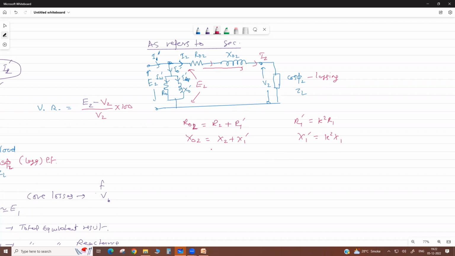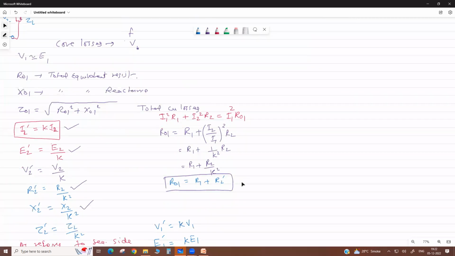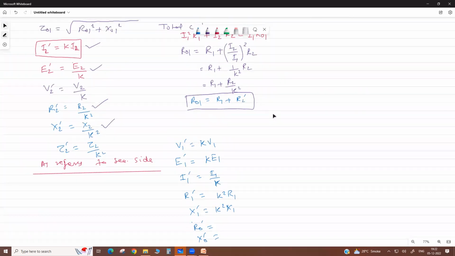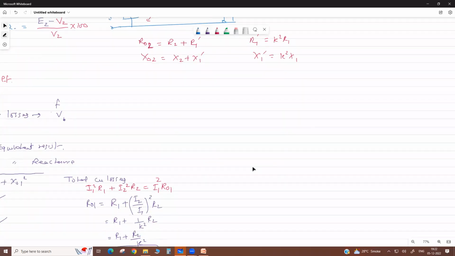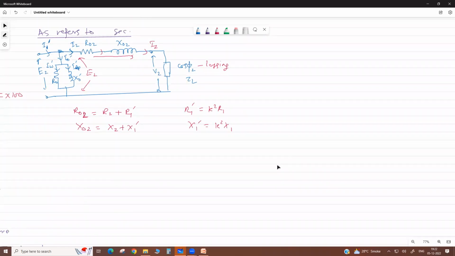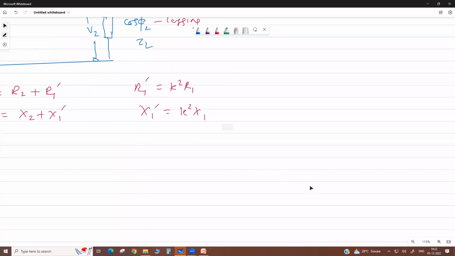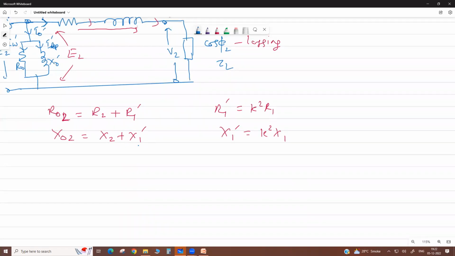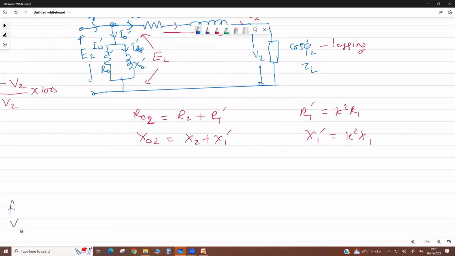Any doubt here? So this is the total leakage reactance, and this is the total equivalent resistance as referred to the secondary side.